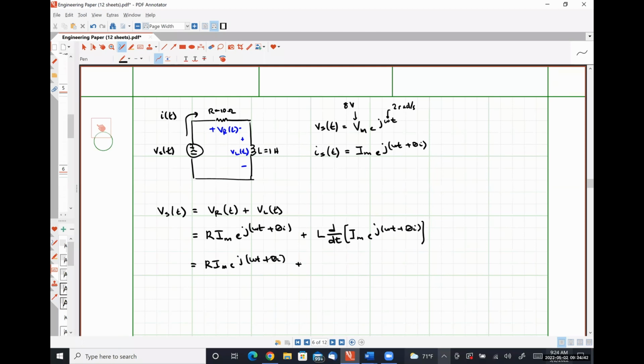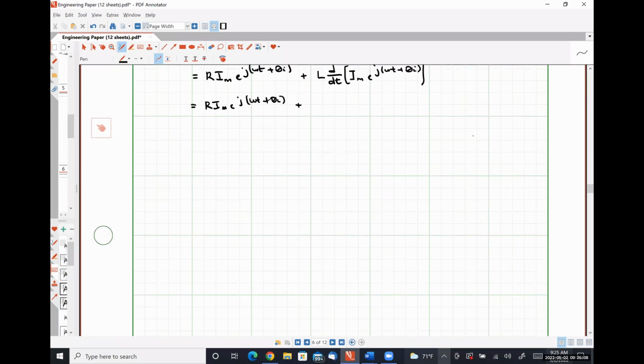So how do I do this derivative? What's the derivative with respect to t of e to the j omega t plus theta I? To be clear, I'm going to do this down here so that I don't erase something. Im is a constant, so we could take that out.